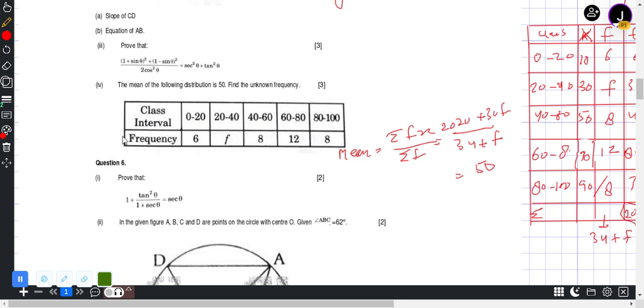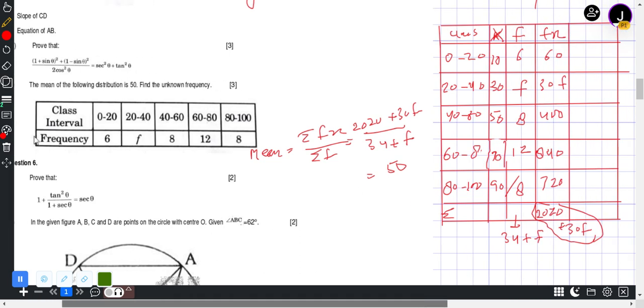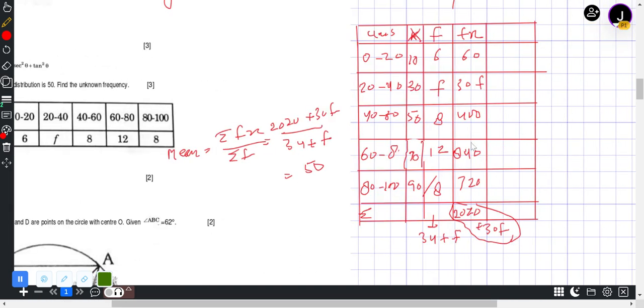So we'll solve it. So we arrive at 2020 plus 30f is equal to 34 into 50, which is 1700, plus 50f. So 50 minus 30, this f will take on this side, so it will change its sign.